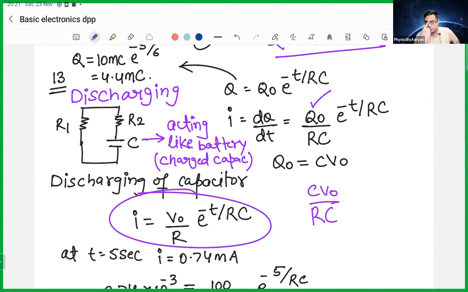What we studied in the class was the charging of the capacitor. But once we completely charge the capacitor and then use it with the resistance, the capacitor behaves like a power source and the discharging happens. So this is my equation of a current.